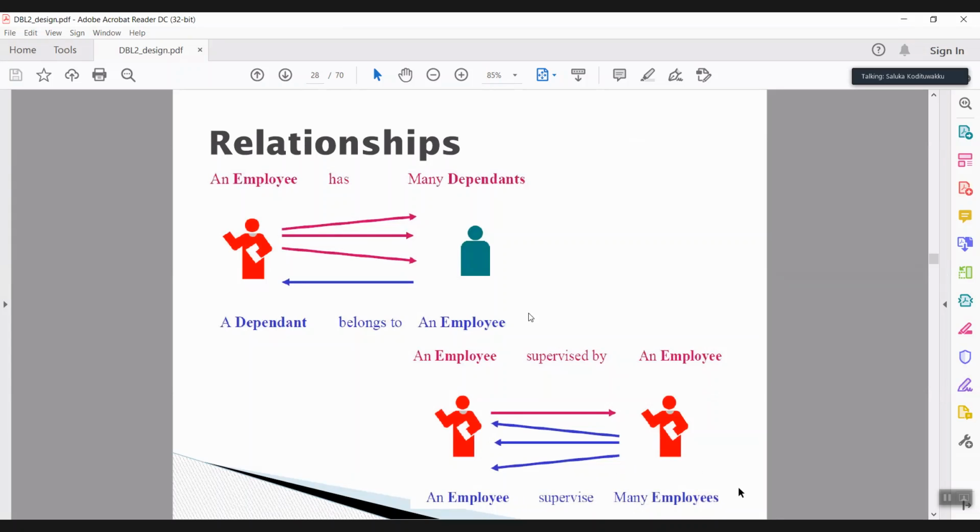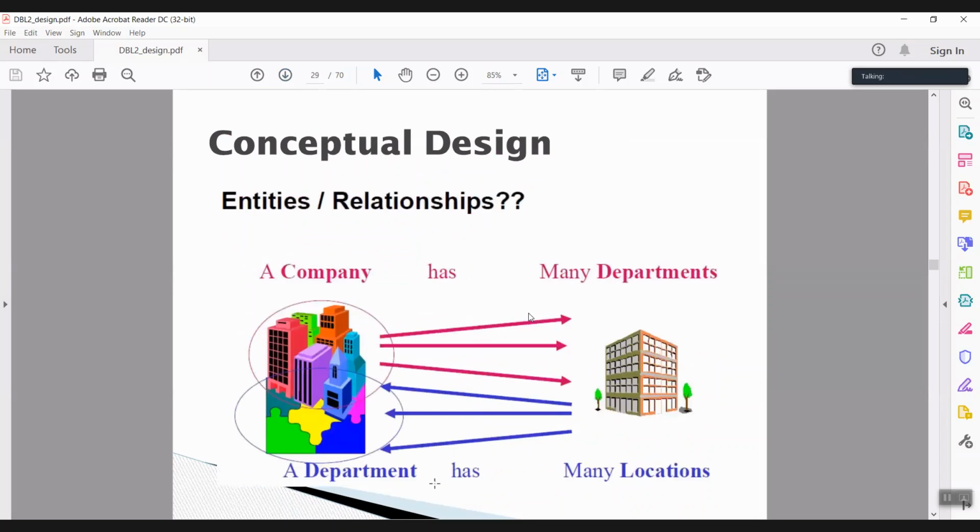So among the employees, there is someone called a supervisor, and that supervisor supervises many other employees. This one is a relationship between the same entity. The other two are relationships between two different entities.